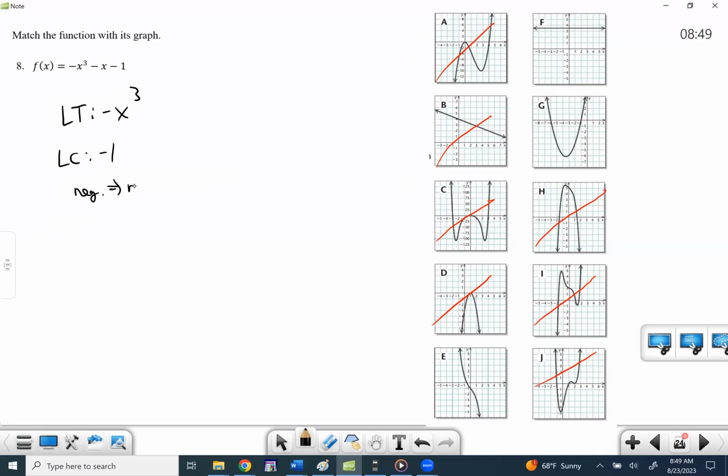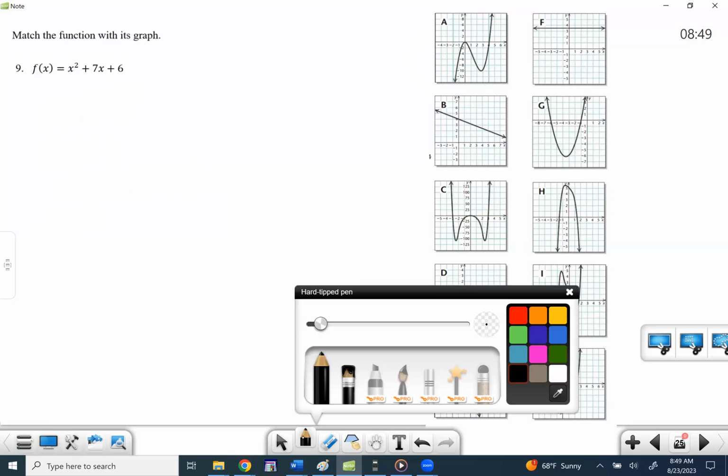So that implies that the right will go down. Right, down. Well, the only one where the right is going down that's left is E. So it looks like it would have to be E for that one. On G, the right is going up, and F is just clearly not the right graph. So F and G are the only ones we have left to choose from.